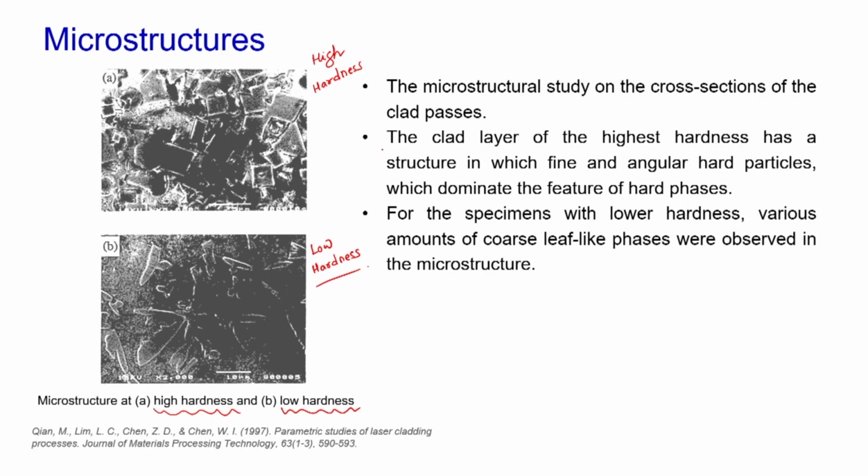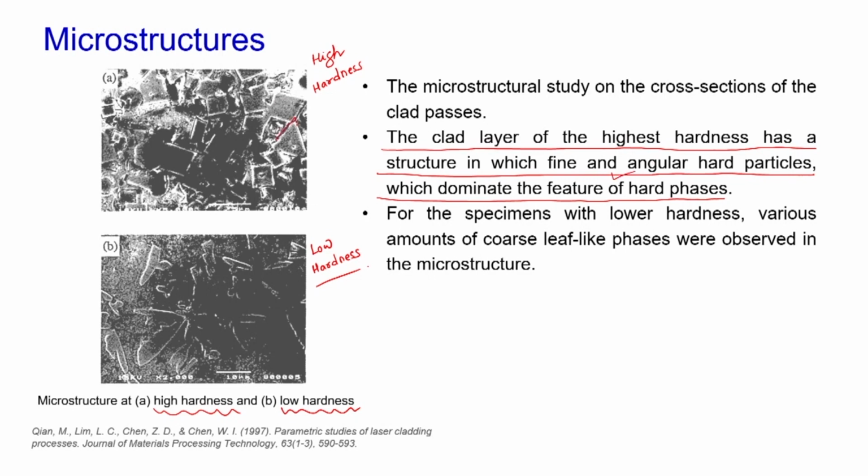What we noticed here is that the clad layer of the highest hardness has a structure in which fine and angular hard particles dominate the hard phases. If you look at this microstructure, you will find angular hard particles.